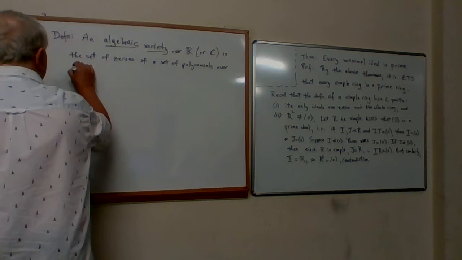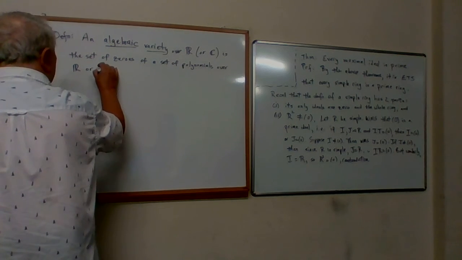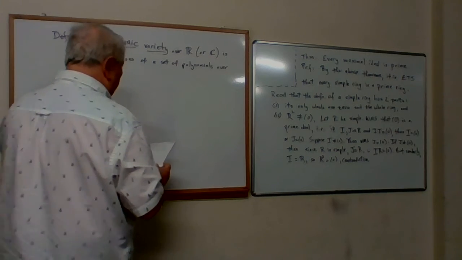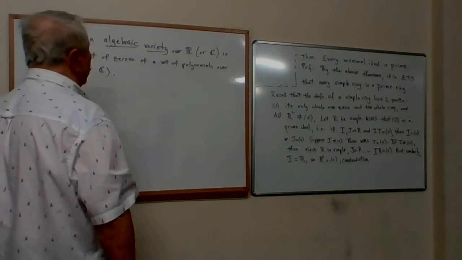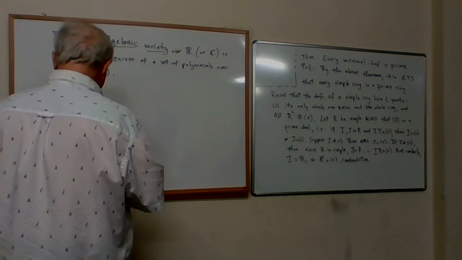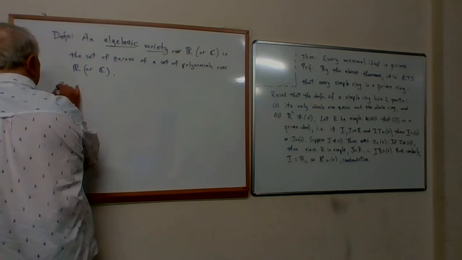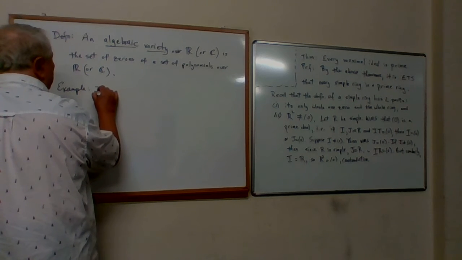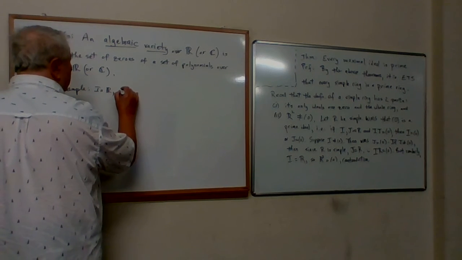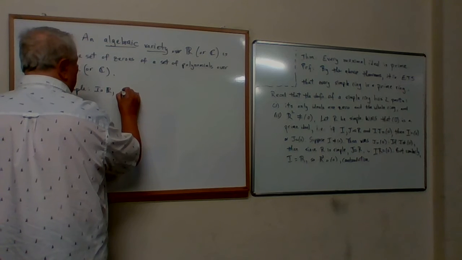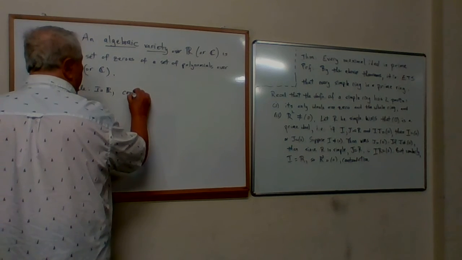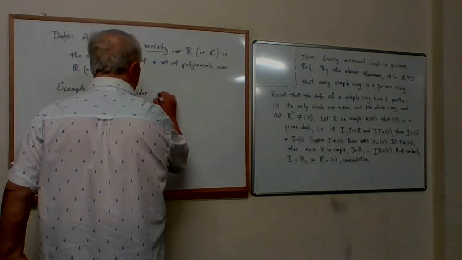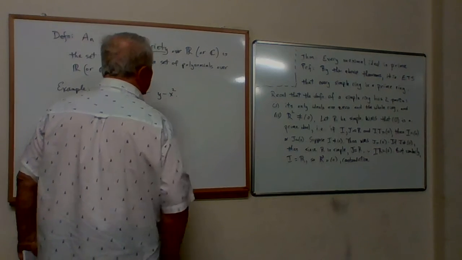Over R or C. Okay, so real or complex polynomials. Consider, for example, in R, the polynomial in two variables, y minus x squared.